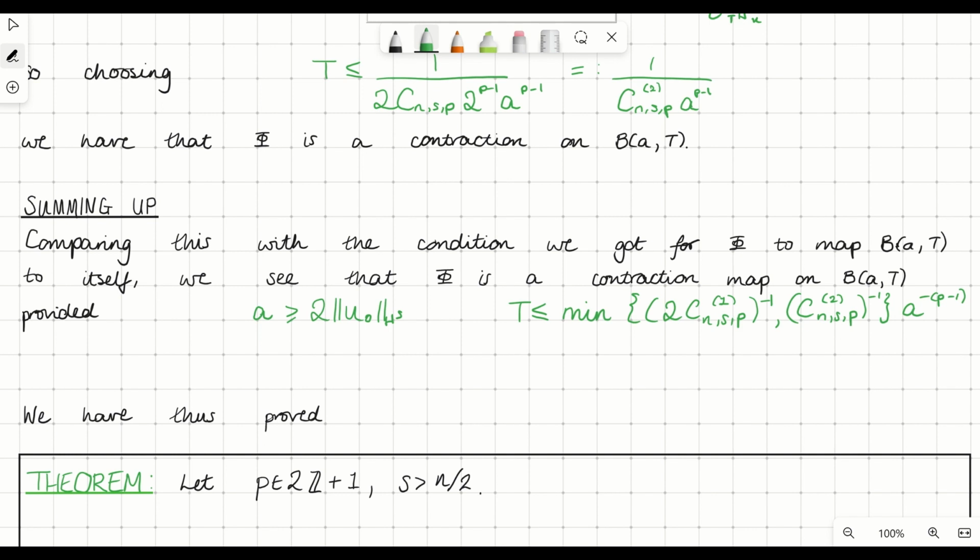So this means it has a fixed point, and this fixed point, say u, will solve the nonlinear Schrodinger equation, at least strongly, on the interval minus t. So it's a local solution to the nonlinear Schrodinger equation.